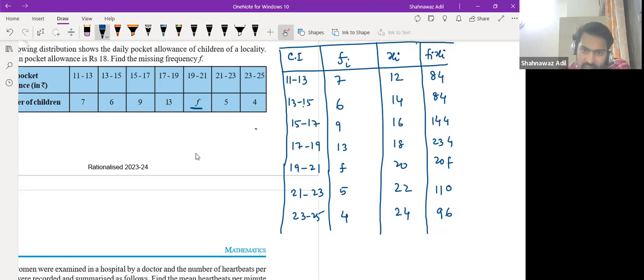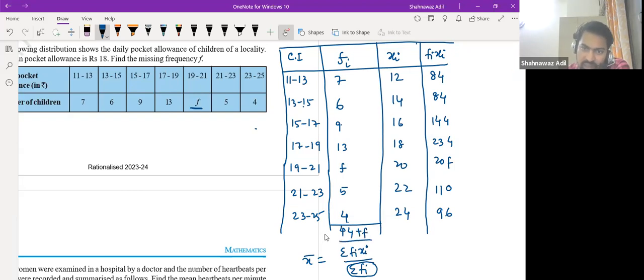To calculate the mean, we sum over all these fi xi, and then we also find out what is the sum of fi. So let us find out this. This is 9, 18, 18 plus, and this is 4 and this is 1 and 3, 44 plus 7.